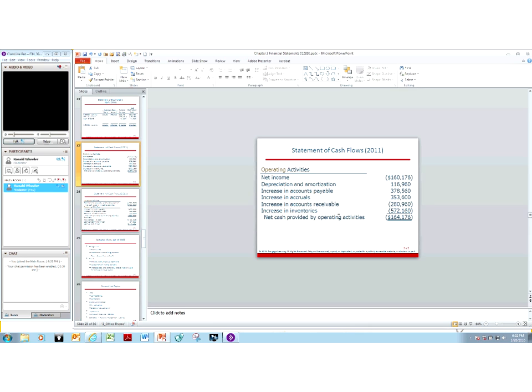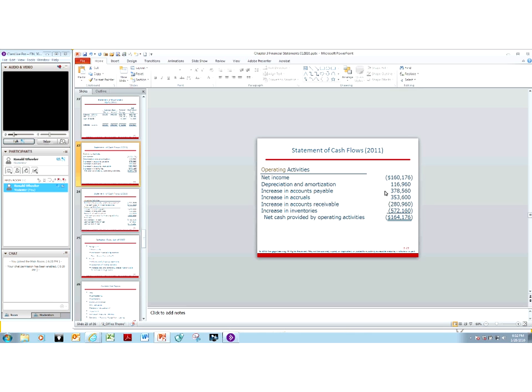And so we're adding back the expense that we took for depreciation and amortization. But then we work through what is the cash impact of all the increases and decreases in what we call the working capital accounts. And so we saw accounts payable went up. We saw that accruals went up. We saw that accounts receivable went up, and we saw that inventories went up. And so this is usually just the simple mathematical difference off of the balance sheet between those accounts.